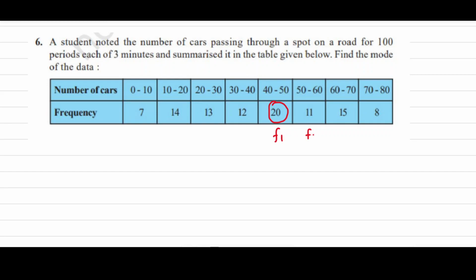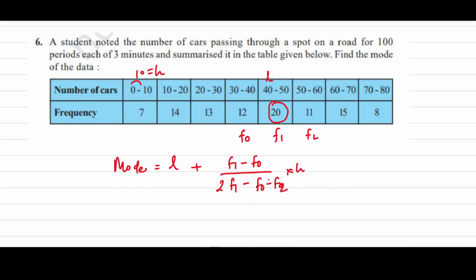Now after this will be F2, and previous this will be F0. This will be L. Now the difference will be 10. This will be H, size of the class. Now what will be the mode? Mode is very simple, L plus F1 minus F0 over 2F1 minus F0 minus F2 into H. This is the formula.